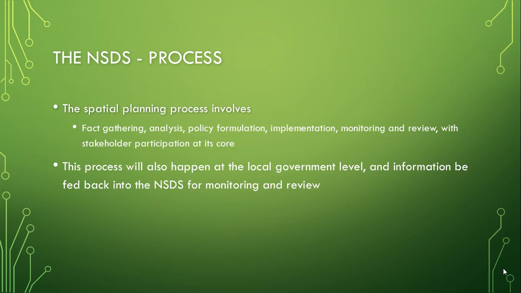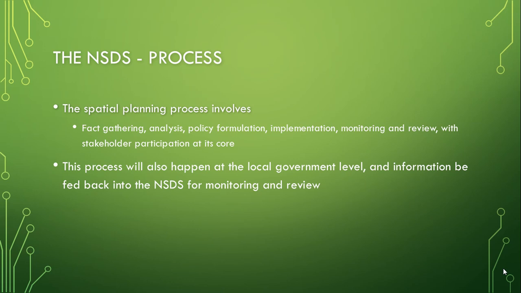Let's look briefly at the NSDS process. So the spatial planning process involves the following. We start with fact gathering or information gathering. As we all know, once you have information, the next step would be to analyze the data. You would want to investigate the data to determine trends and patterns.